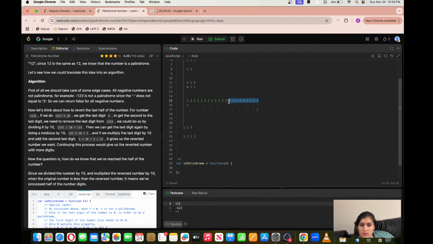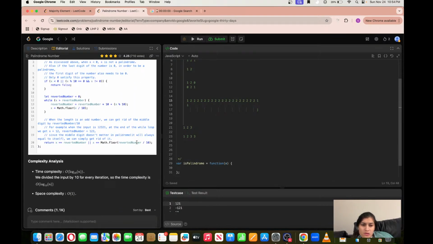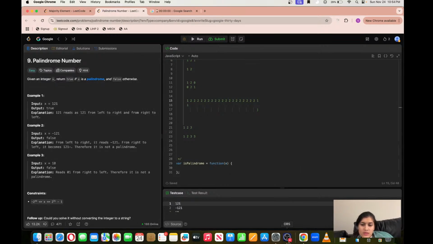And I will know I've reached the first half if the first half is greater than this, because when I reach this half, I will be deleting everything, and then I will be constructing this number. This is really good solution.